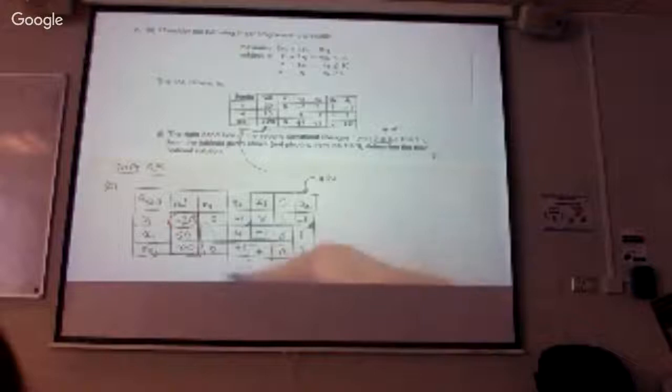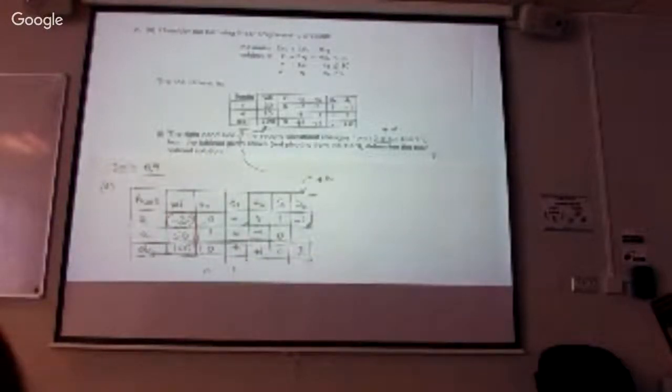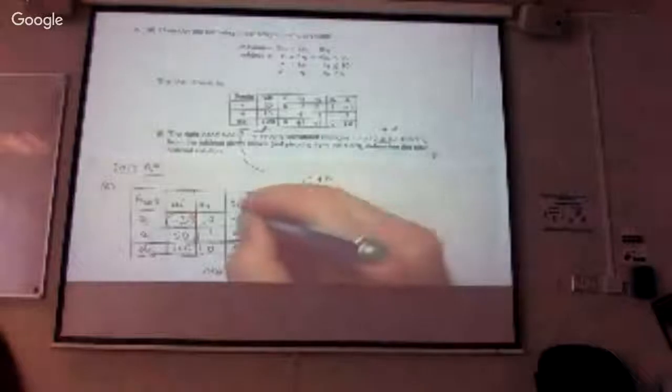So the ratio here is 1, and here it's 2. Everything clear? Okay. And the smallest ratio among them all gives you the pivot element.